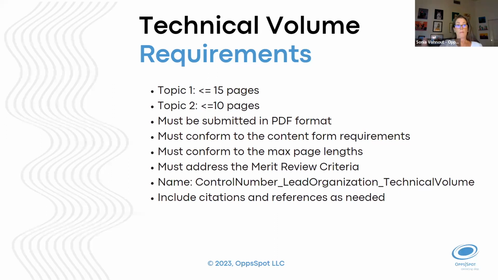So create a table maybe with all the requirements and check the box and tell yourself, how am I addressing this review criteria? Am I meeting it? Am I strong or weak? And how am I going to overcome that? Follow the naming conventions, include citations and references as needed.